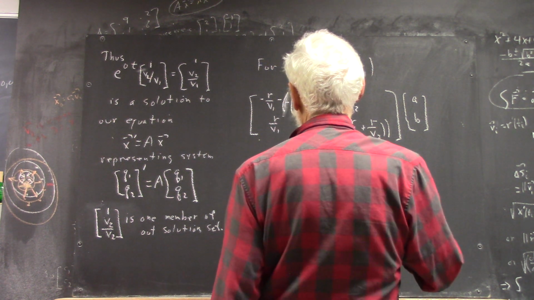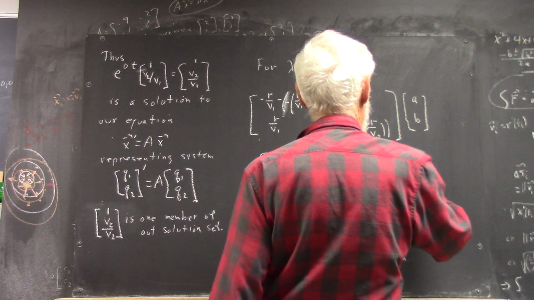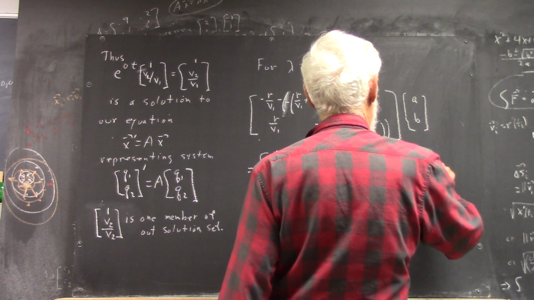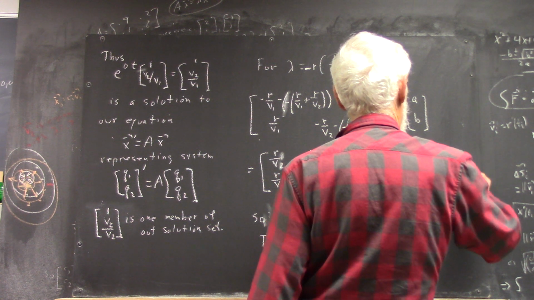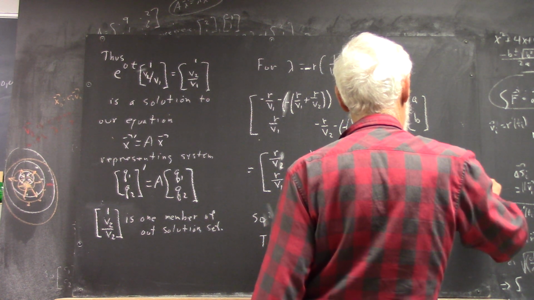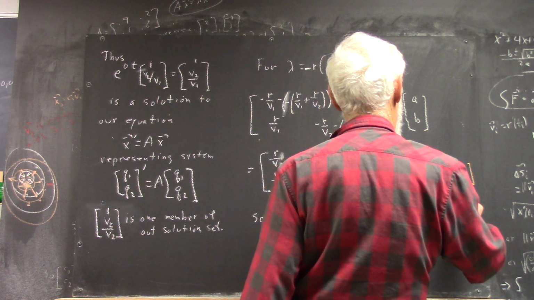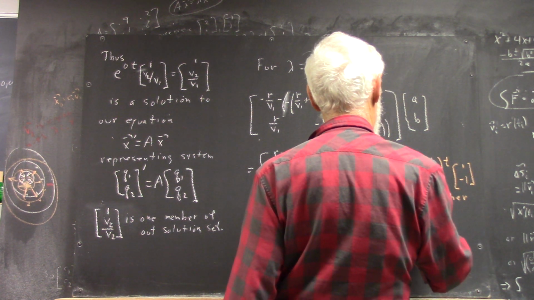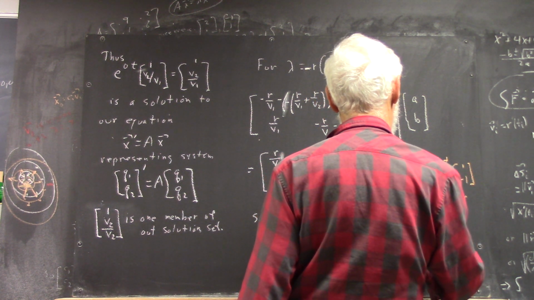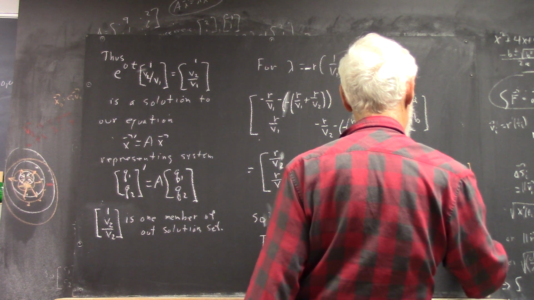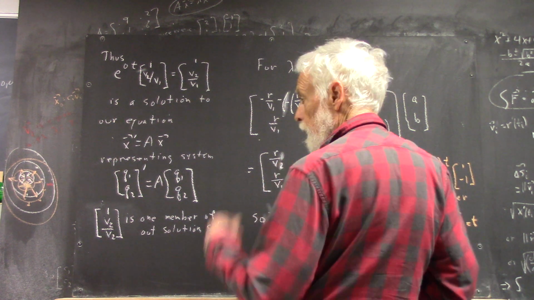Thus, e to the lambda t, which is e to the -r times 1 over v1 plus 1 over v2 t, times 1, -1, is the other element in our solution set.